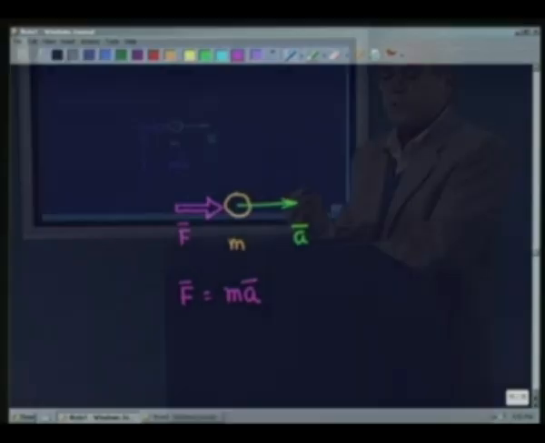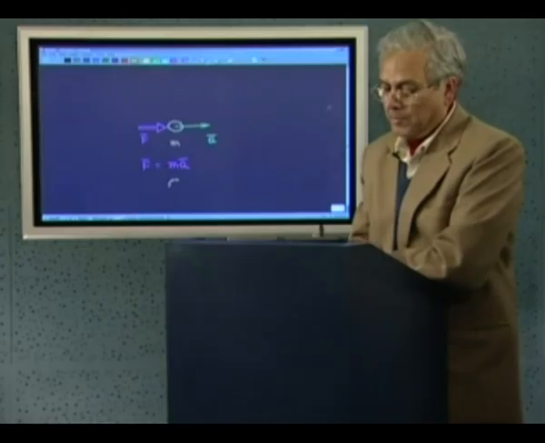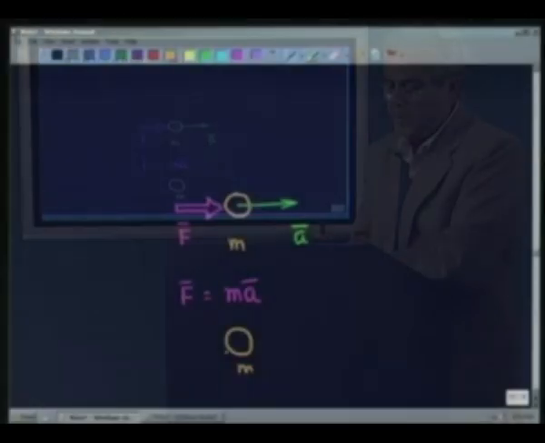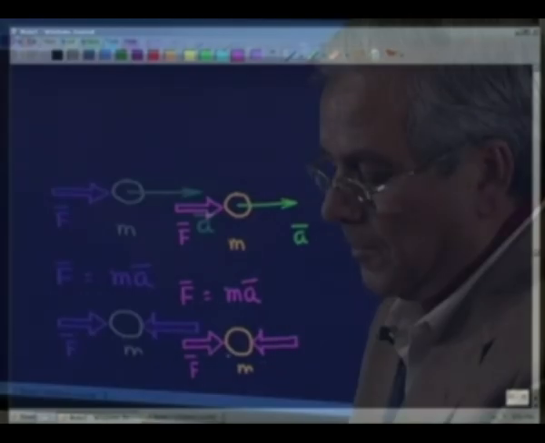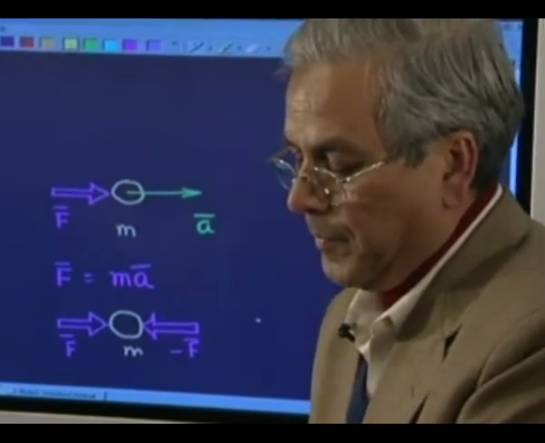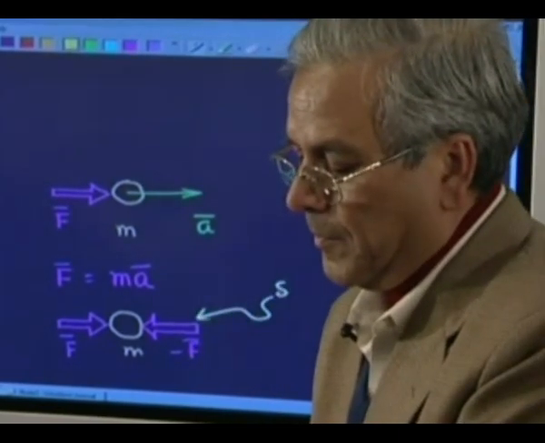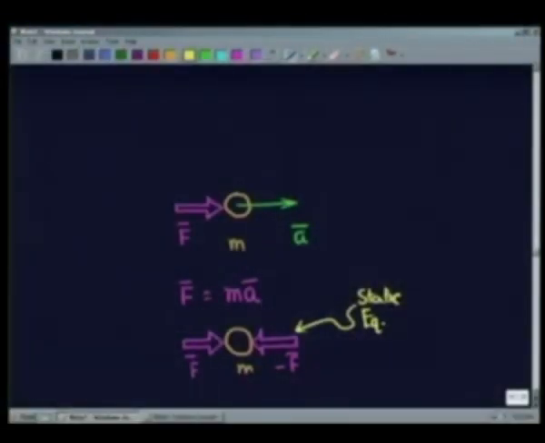Now it is almost trivial to say that if this particle of mass m is acted upon by this force F, and another force minus F, the system is in equilibrium. It is almost a trivial statement.